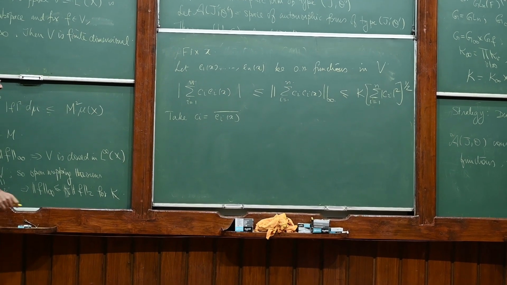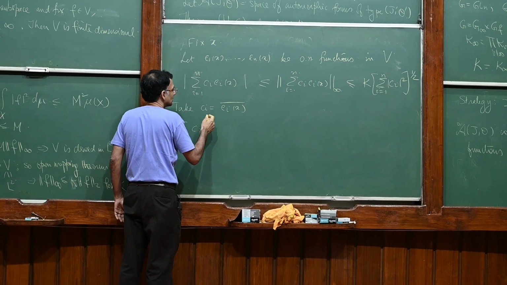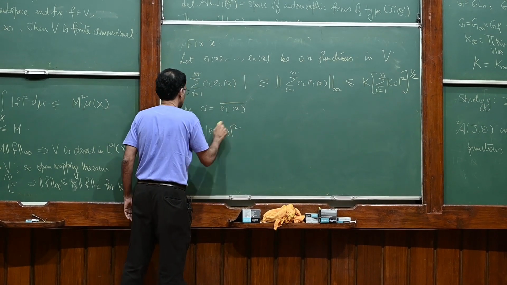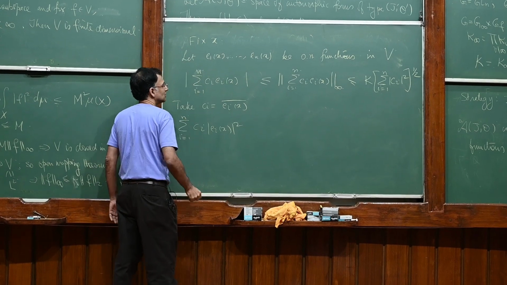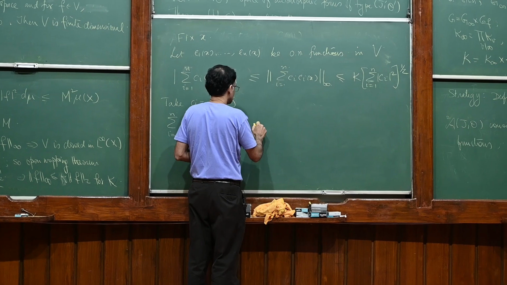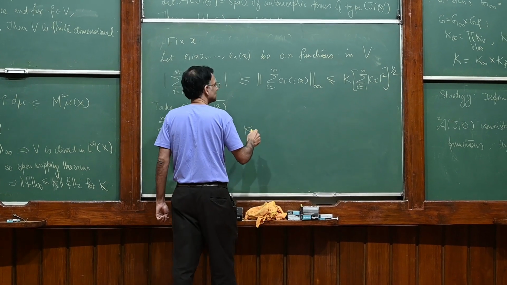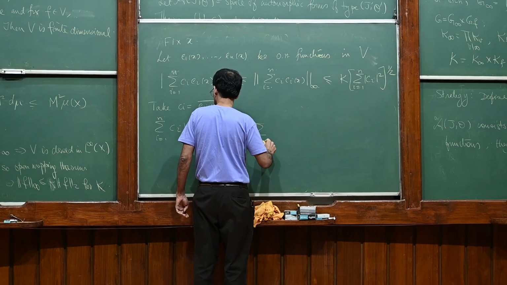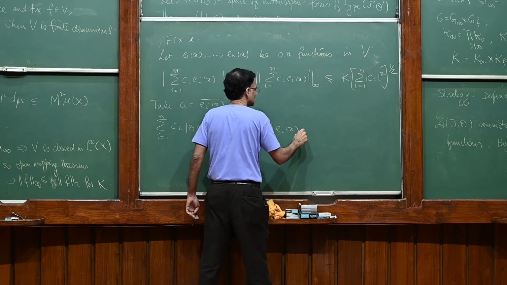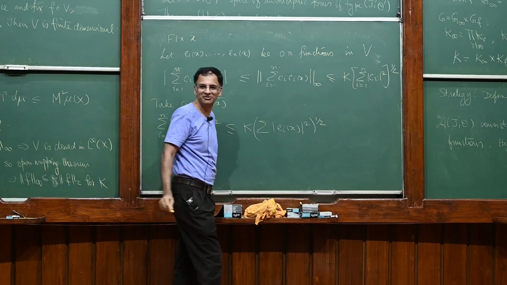If you do that, then you get the summation of |E_i(x)| squared, and on that side you get less than K times the summation of |E_i(x)| squared, to the half.